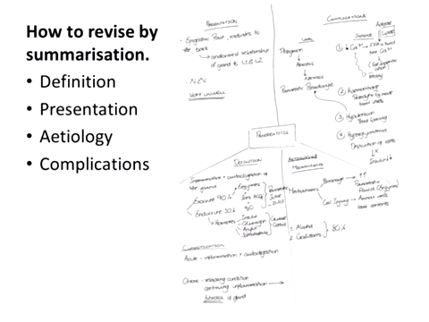And a useful scheme to do this is to start with a definition, which tells you very clearly what the condition you're dealing with is, the presentation, which adds another layer to your description, the etiology, which is not only a list of causes, but known mechanisms by which these causes operate, and finally, complications of the condition.